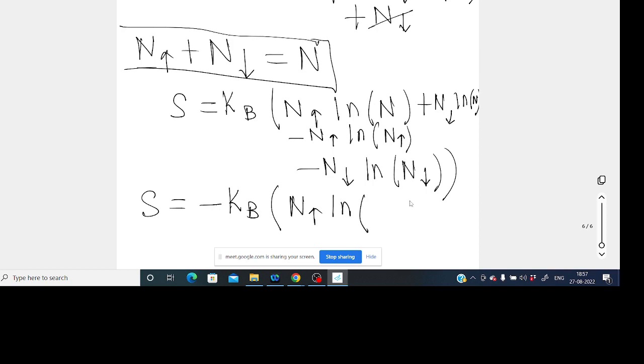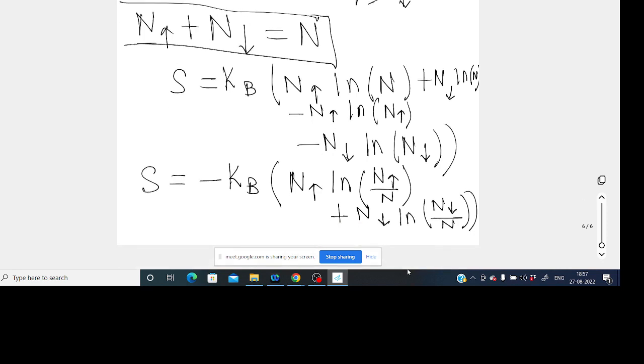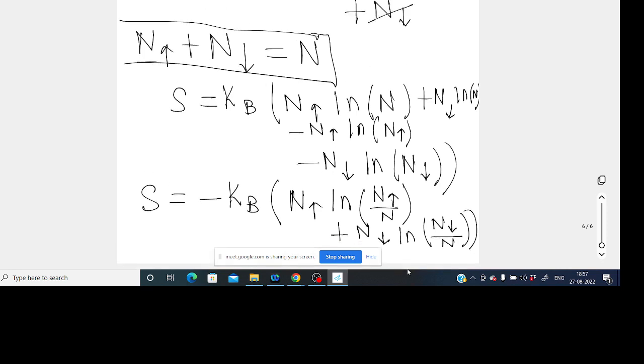I will take this n up common, and then I will get log n up minus log n, which is equal to log n up by n, plus similarly for down. Is this step clear to everyone?